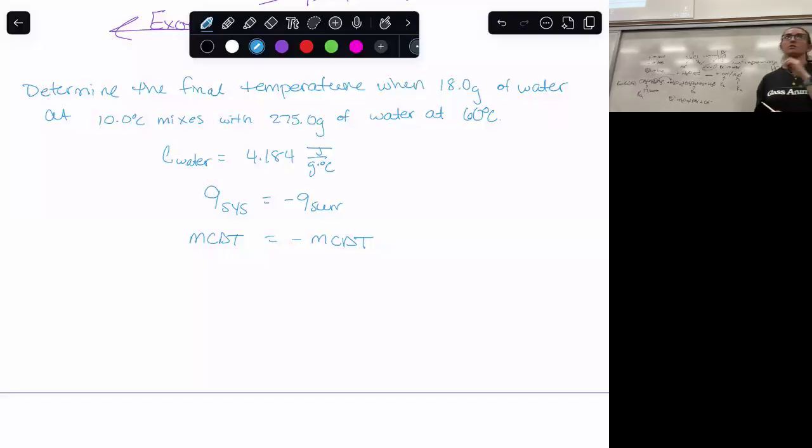Which one is technically going to be the negative Q? Which one's going to be releasing heat? Which one are you considering your system in this case?